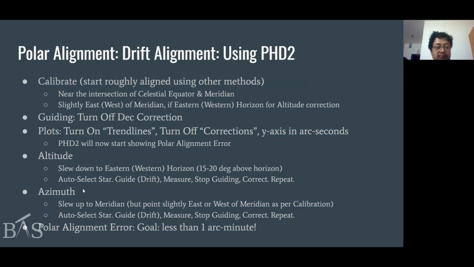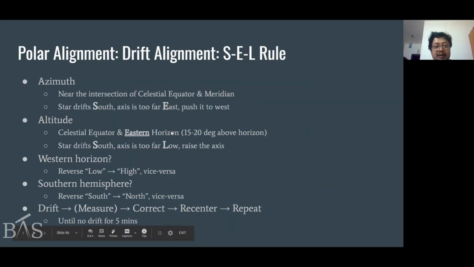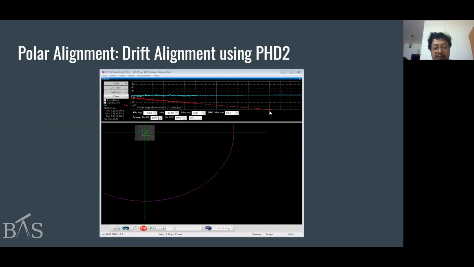So the only thing with respect to what I described earlier with the SEL rule is how do I know which is south? Now in the latest version of PHD, there is actually a marker. It says guide north and guide east, two markers. But in the documentation of PHD2, it also says that this need not correspond to the sky north and the sky south. So it's kind of confusing to me.